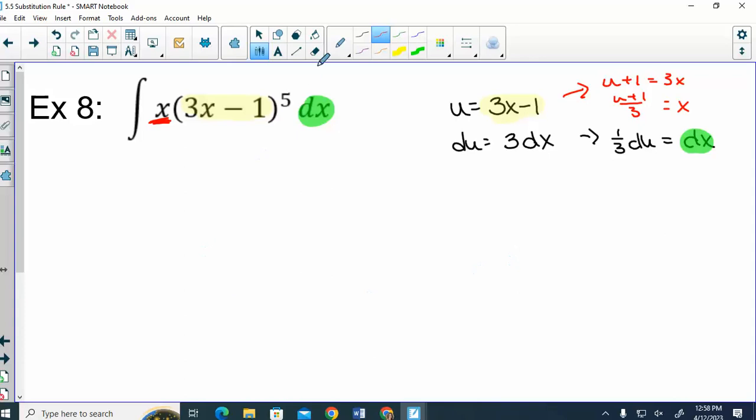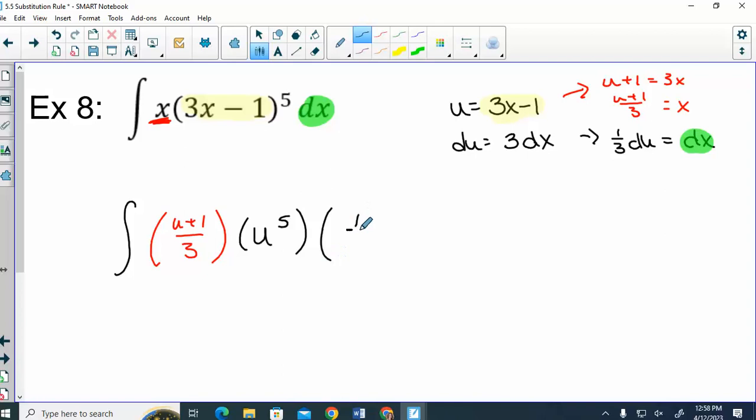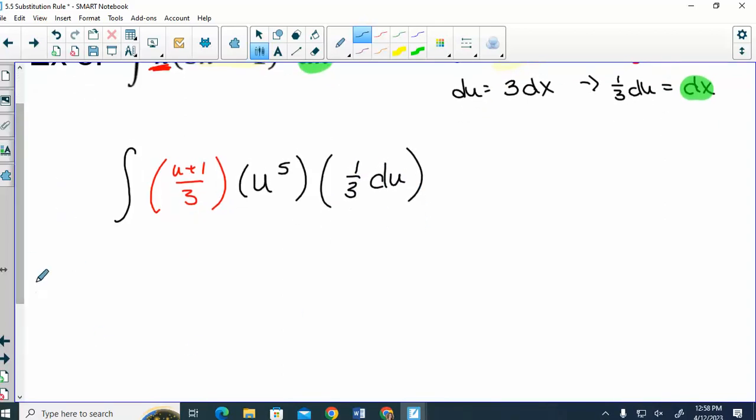Okay. So it doesn't necessarily look like this has helped me, but it's going to. So this x, I'm going to replace with a u plus 1 over 3. This 3x minus 1 to the 5th is going to become u to the 5th. And my dx is 1/3 du. Alright, if I multiply this, so this would be u times u to the 5th would be u to the 6th.